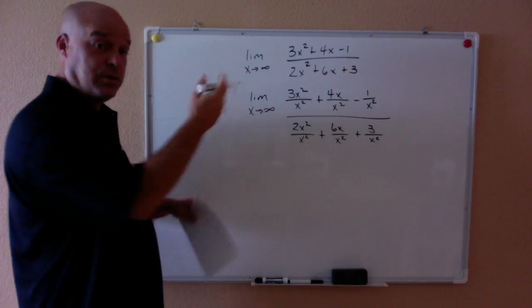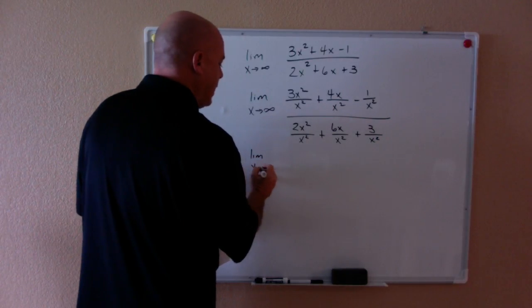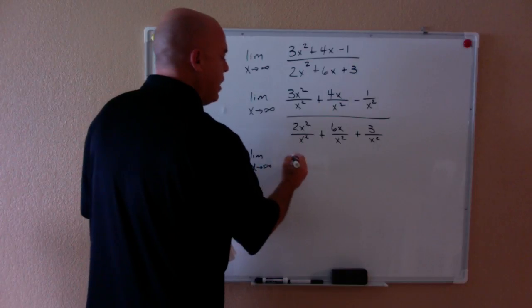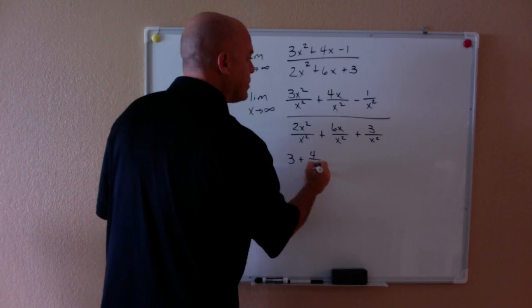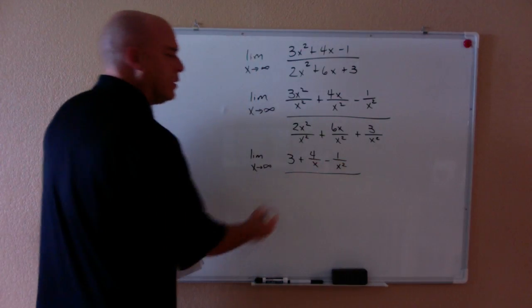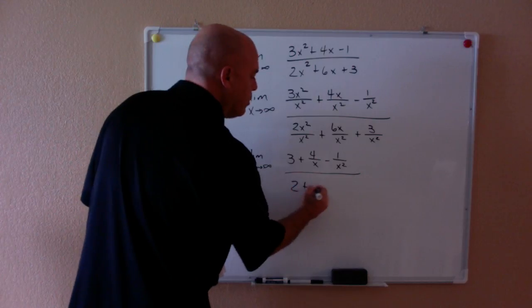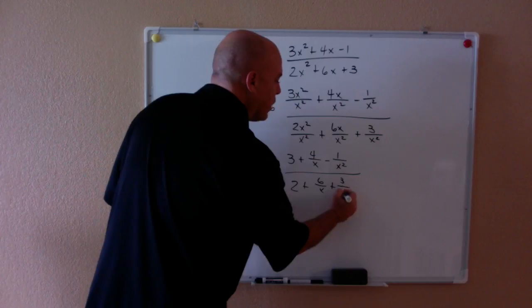And again, I'm going to reduce this as much as I can. That's going to get me the limit as x tends to infinity of 3 plus 4 over x minus 1 over x squared, divided by 2 plus 6 over x plus 3 over x squared.